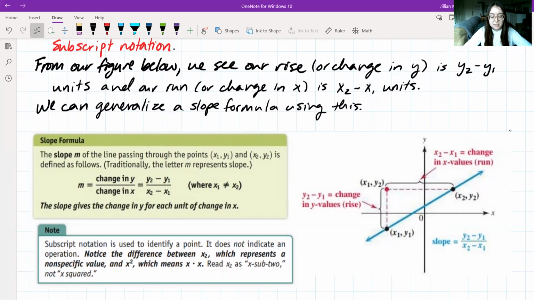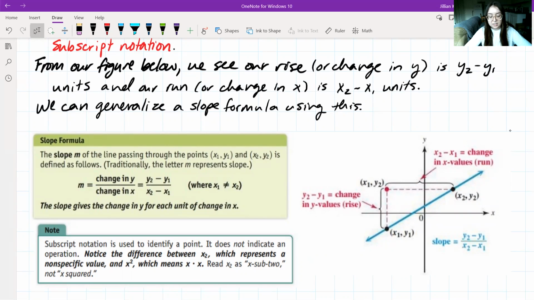So we say that M is equal to the change in y divided by the change in x, which we now represent as y sub 2 minus y sub 1 divided by x sub 2 minus x sub 1, where x sub 1 does not equal x sub 2. If x sub 1 was equal to x sub 2, we would end up with some value divided by 0, which we know would make that undefined. That would only correspond to a vertical line. So if you don't have a vertical line, x sub 1 does not equal x sub 2.